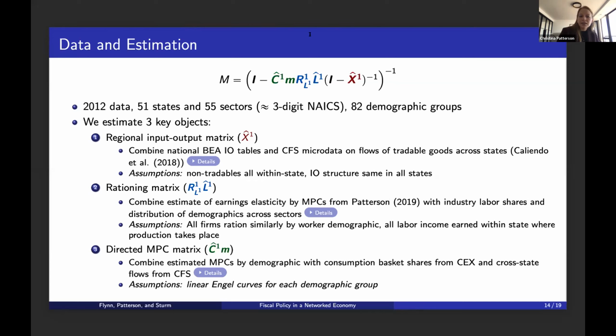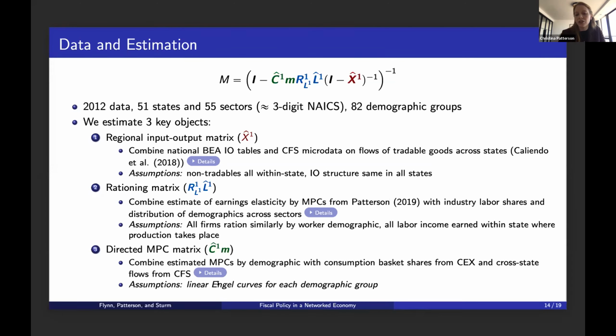And we're going to get this by combining estimates of MPCs for different demographic groups with the consumption basket shares for different demographic groups for different goods, which we're going to get from the CEX. And then we're also going to get this geographic component by using cross-state flows from the commodity flows survey.